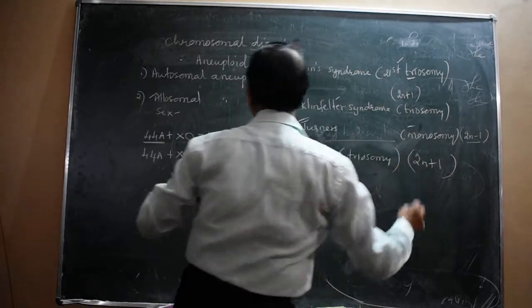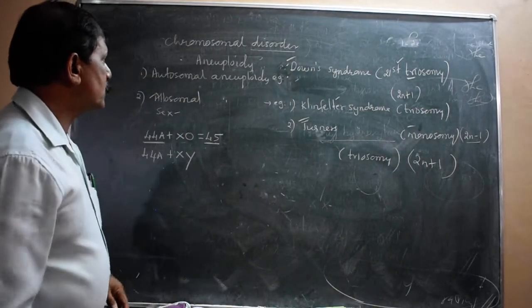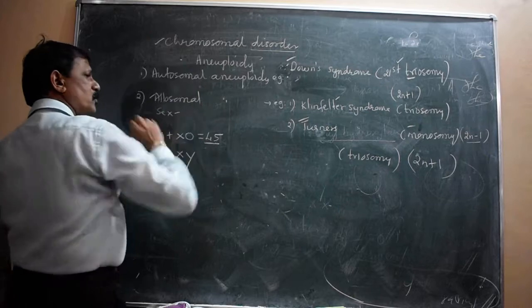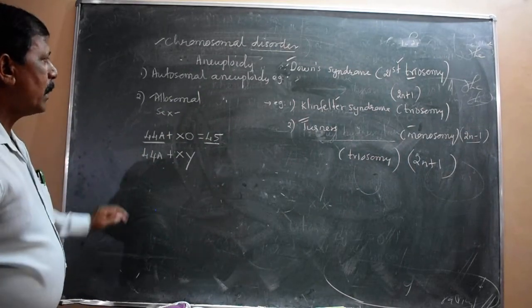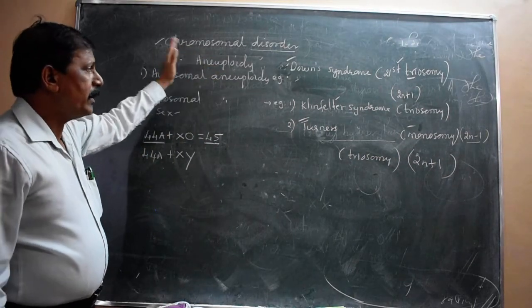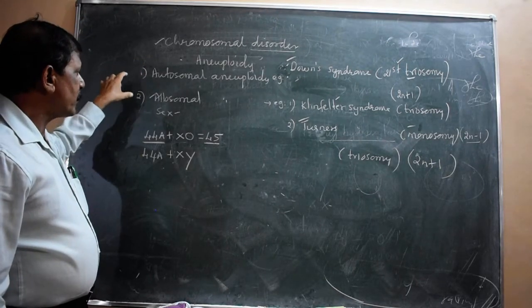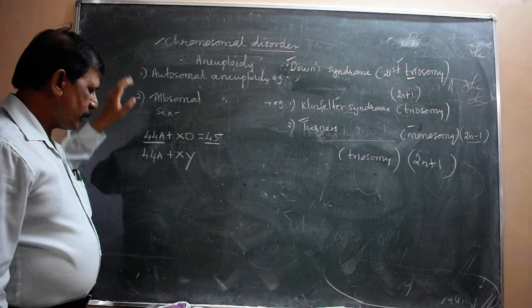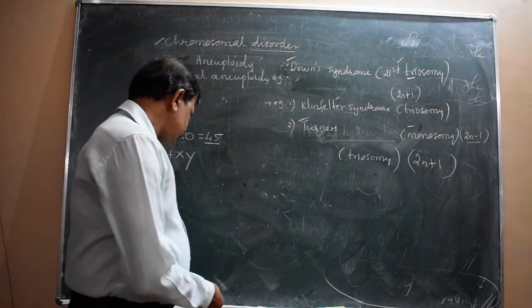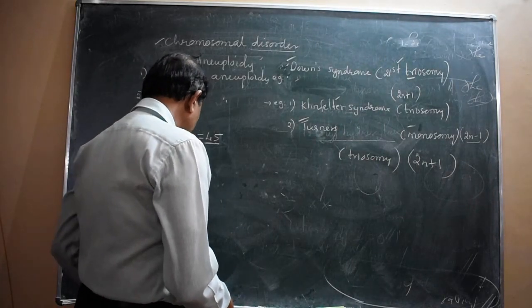So this is about aneuploidy that you studied, chromosomal disorders, also called chromosomal anomalies, and technically called aneuploidy. This aneuploidy may be in autosomes as well as allosomes, and this is about the chromosomal disorders.